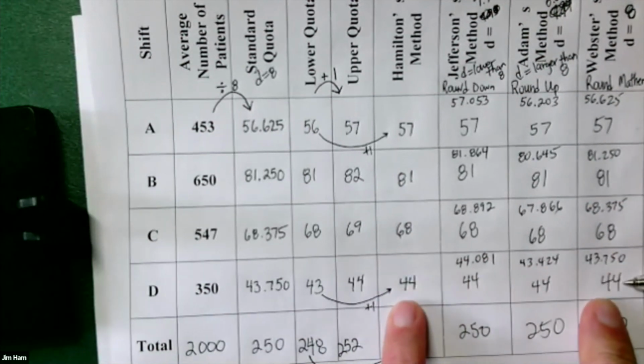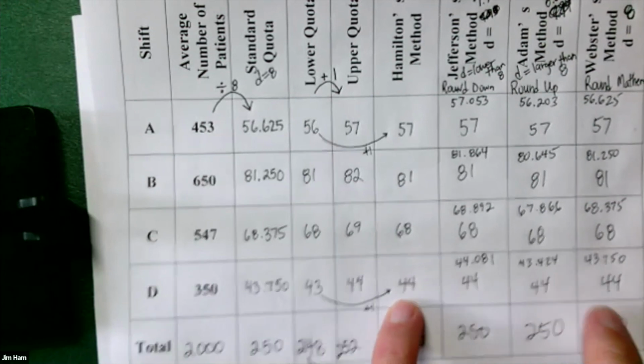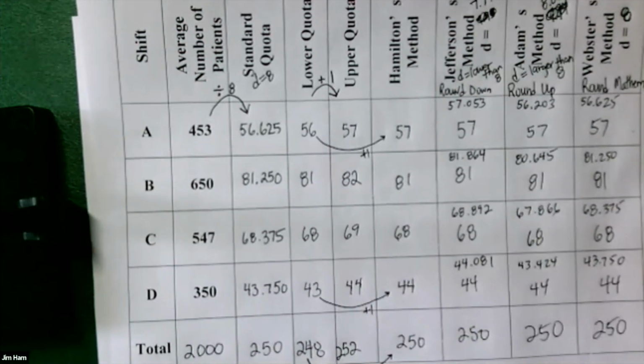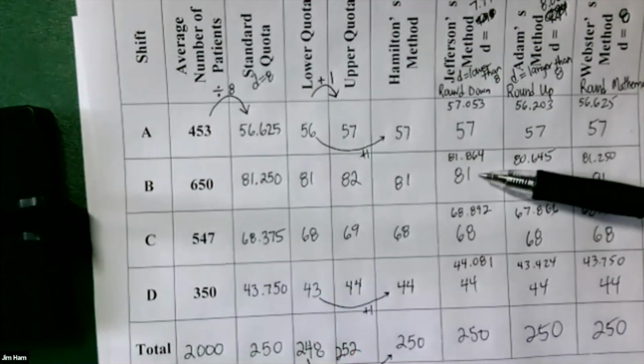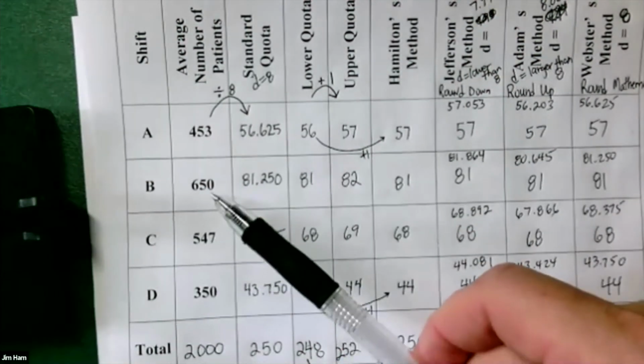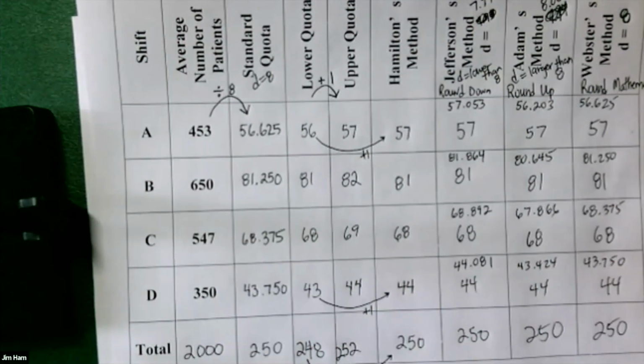And 44 for Shift D. So this is one of those situations where it doesn't matter what method you choose, you're going to allocate the same number of nurses to the shifts. And there they are. It makes sense that Shift B gets more nurses than the others because they have more patients.